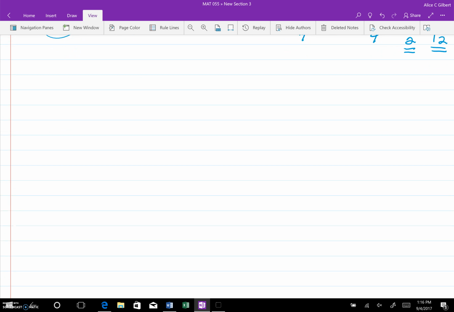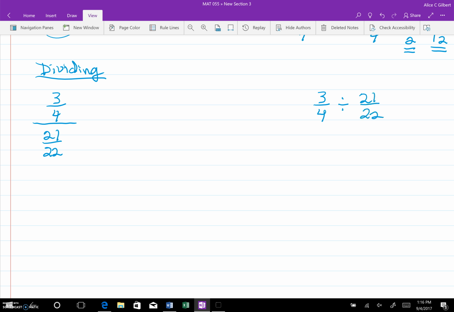Let's talk about dividing fractions, okay? So if I have 3/4 divided by 21/22. Now, normally, my guess is you guys are much more used to seeing it like this, okay?